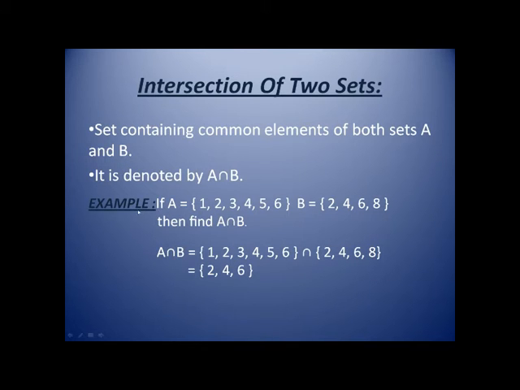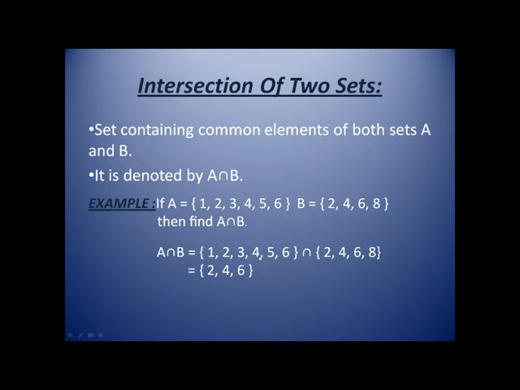For example, sets A and B are given, then find A ∩ B. Set A, elements 1, 2, 3, 4, 5, 6, sign of intersection, then B, elements 2, 4, 6, 8.